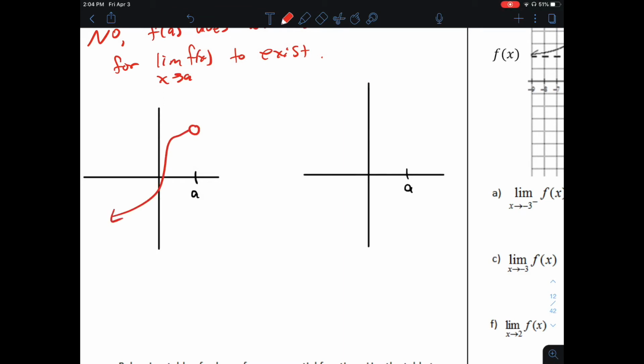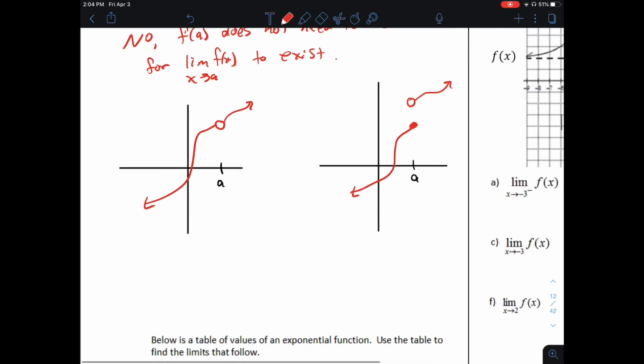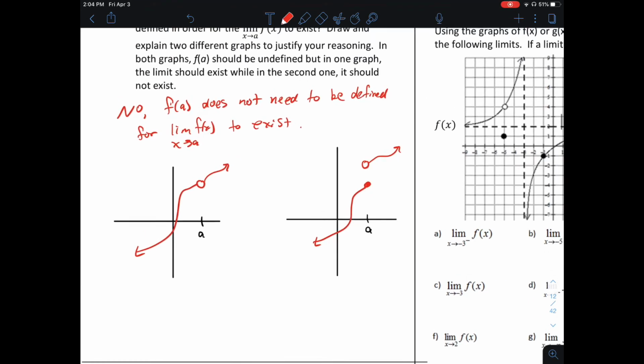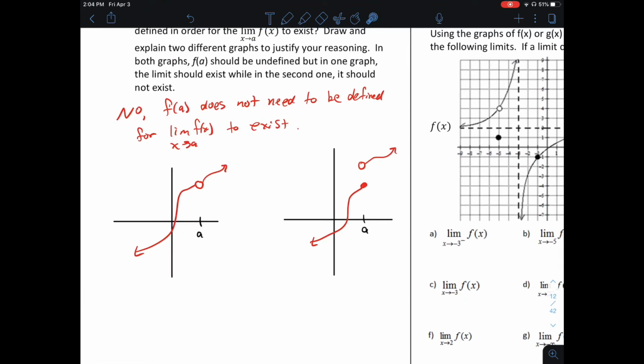So we got some random curve that goes through this hole and then continues. And over here, I'm going to have some random curve that goes through this endpoint, and then above that a piecewise function like so. So in both graphs, f of a should be undefined.